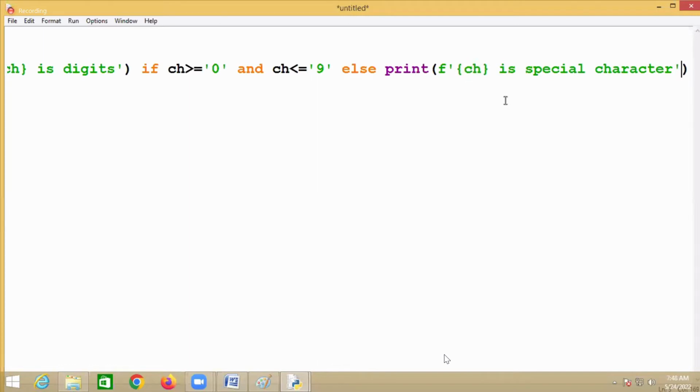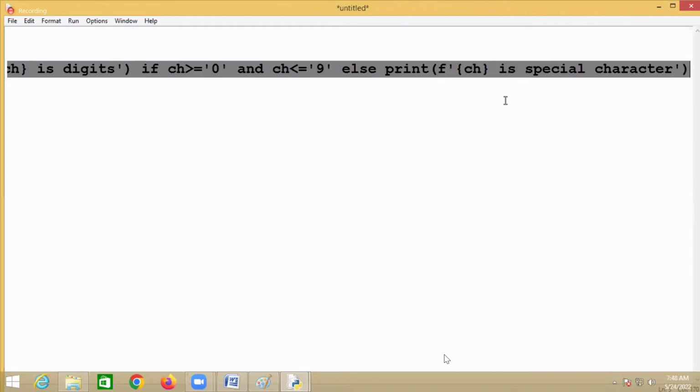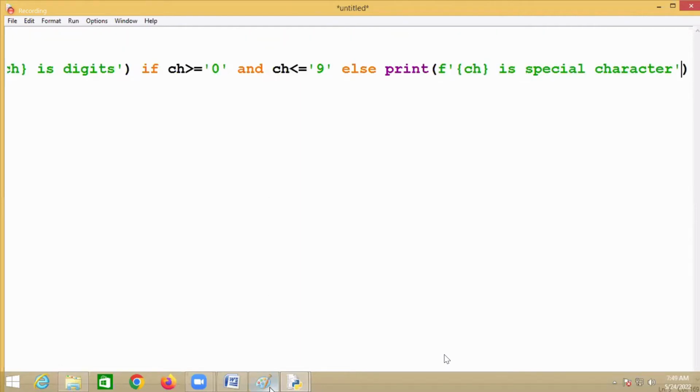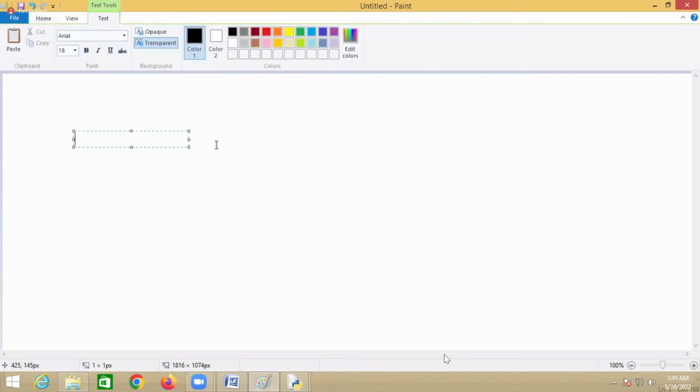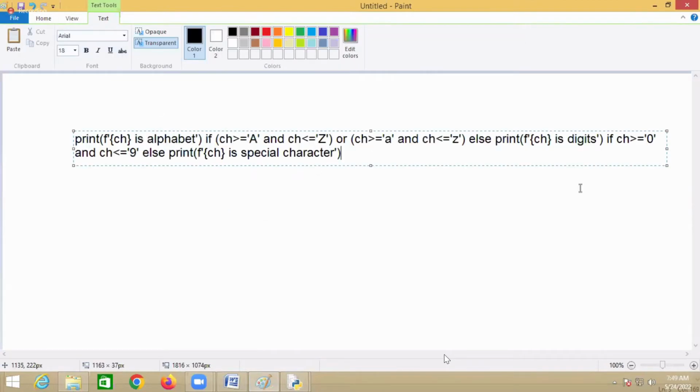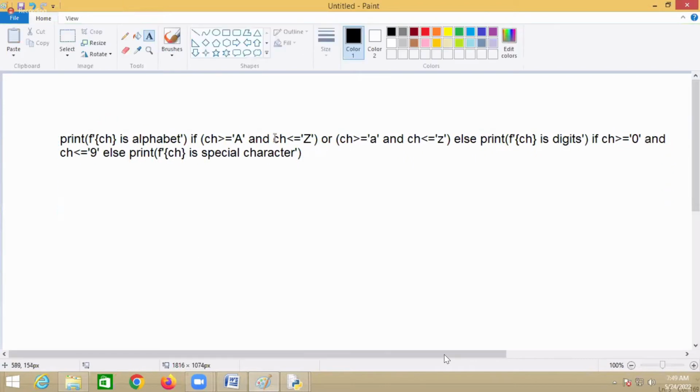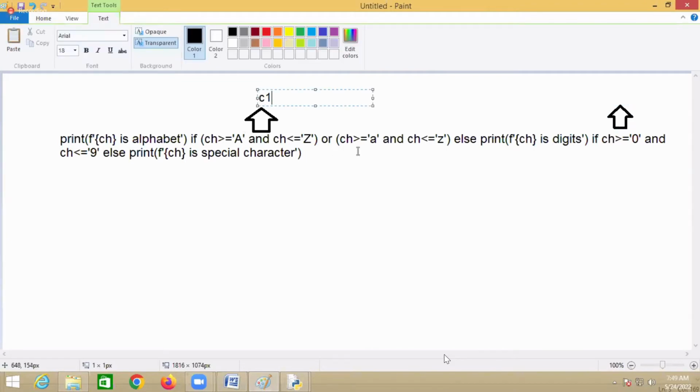So how many conditions did I write here? Now if you see this complete expression, how many conditions are there? This is the first condition, and this is the else, the second condition. So there are two conditions.